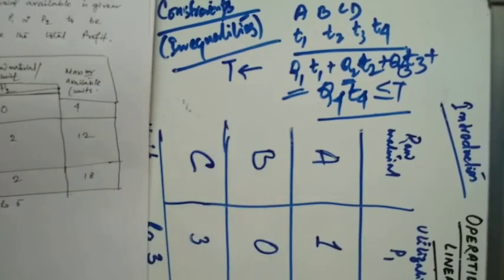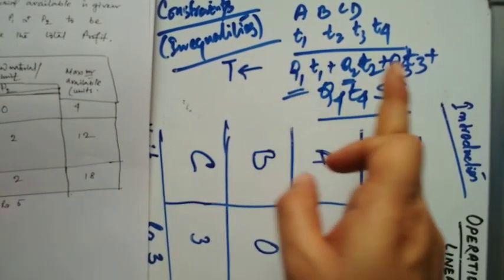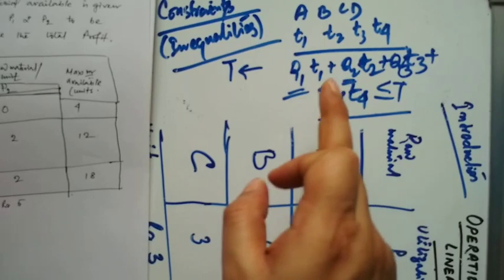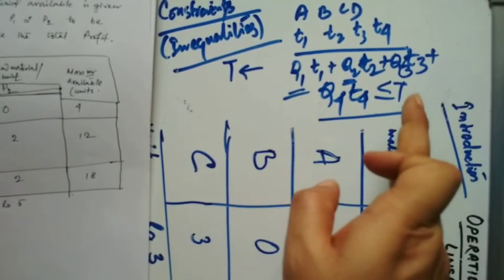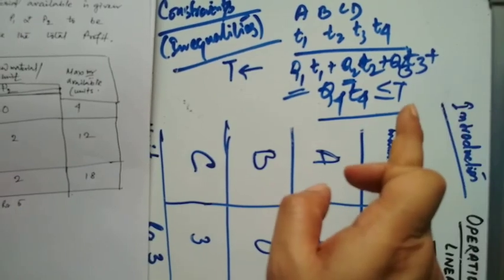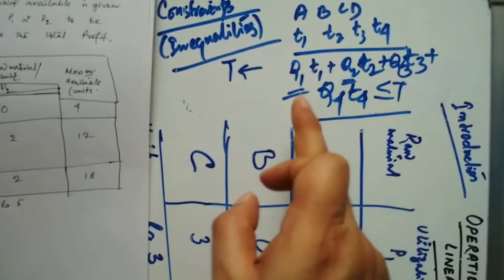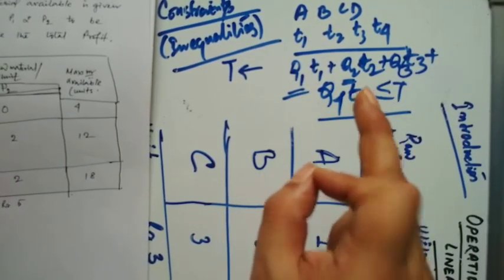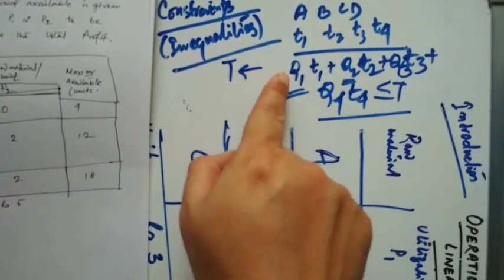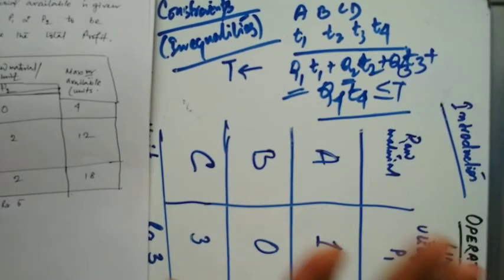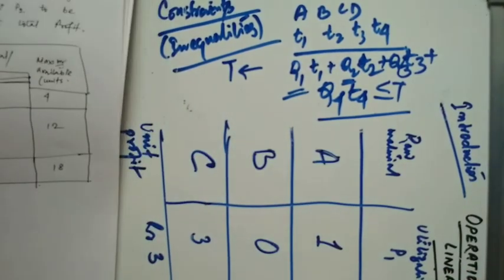That is the constraint. You cannot exceed T with the summation of the timings of the production of these products in quantities Q1, Q2, Q3 and Q4. So I think it is clear to you what the constraints are.